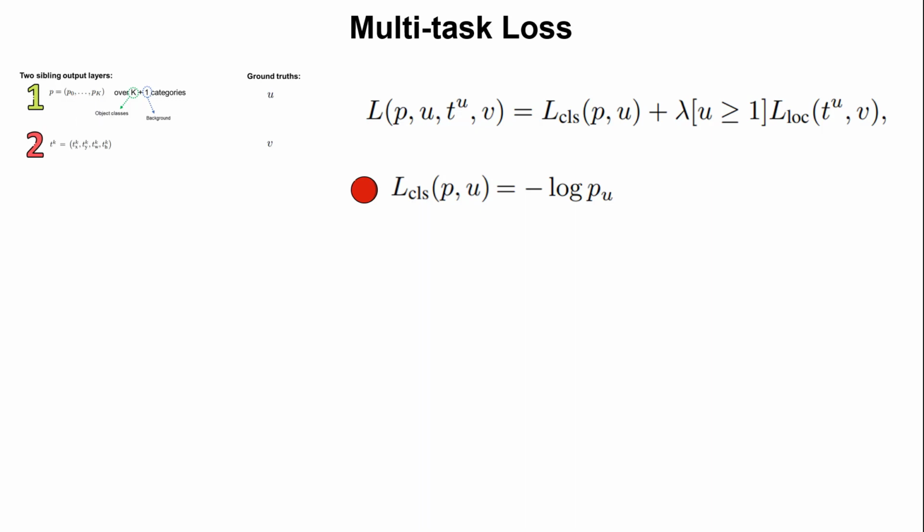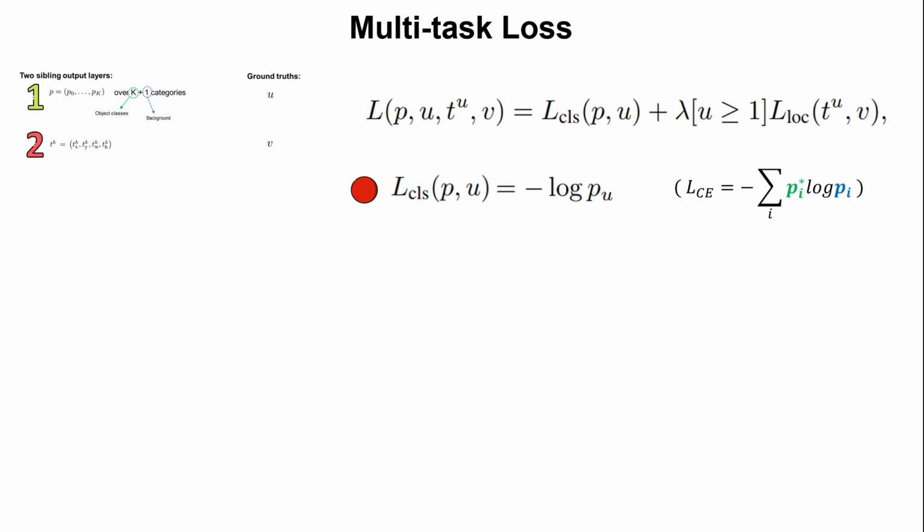In the corresponding ground truth, only one of the entries is 1 and the rest are 0. So we take the index of that entry from ground truth, which is u, and we grab the entry p_u from our prediction and compute the negative log of that. And it is basically a cross-entropy loss function.